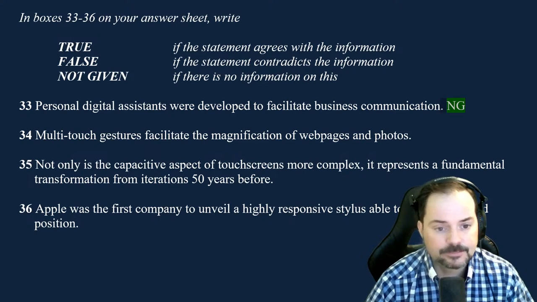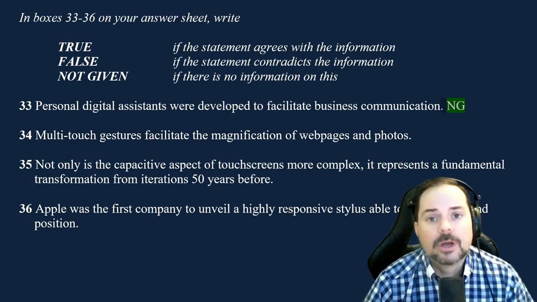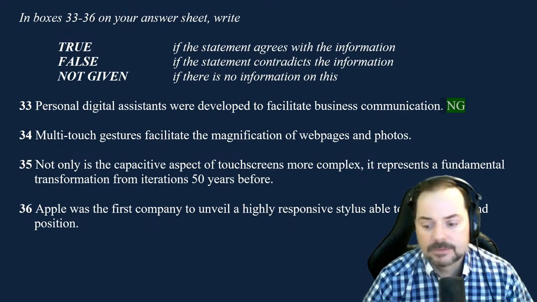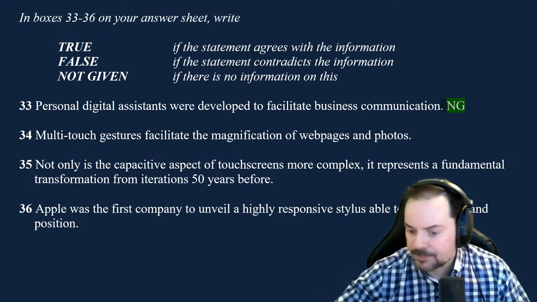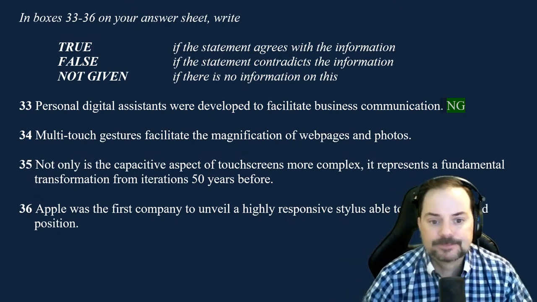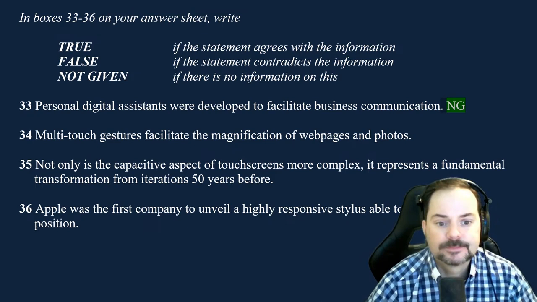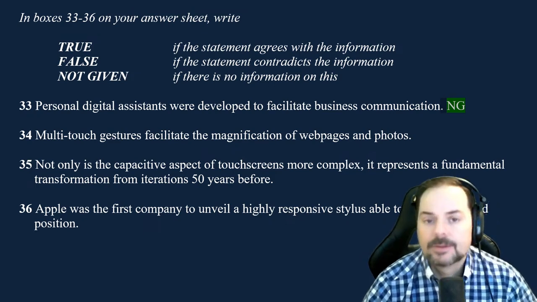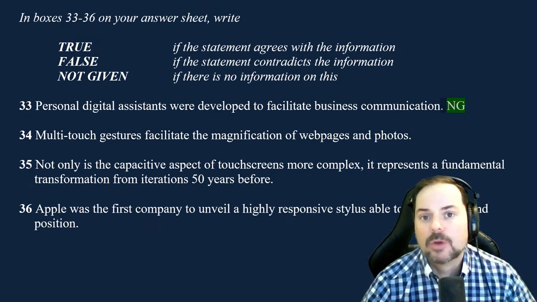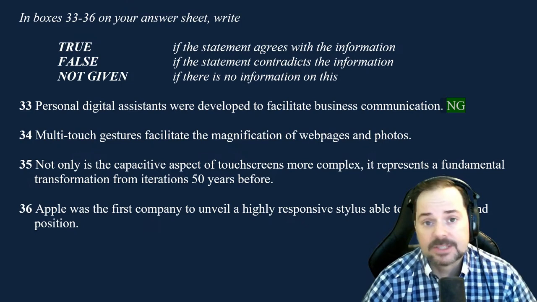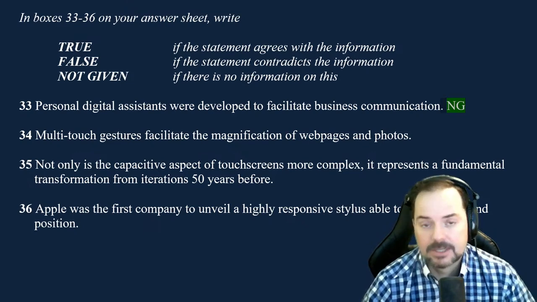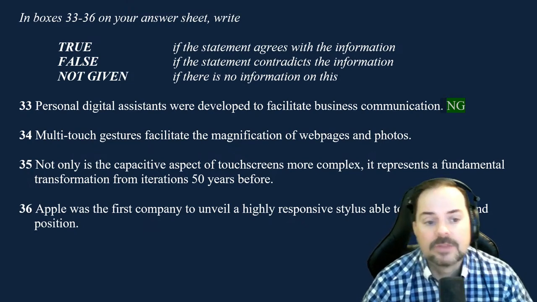Have you ever read about digital assistants were developed to facilitate business communication? Exactly. And you have to be quick with these because this is where a lot of candidates lose time, with the not given questions. They'll waste like 5-6 minutes of valuable time, so we can't do that in this case.